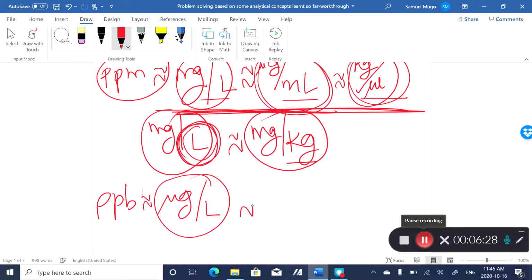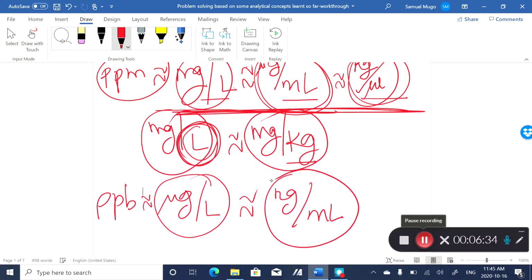Which again can be equivalent to nanogram per mil. That again is talking about parts per billion. And of course you can keep going on and on, picogram per microliter is talking about parts per billion as well. And you can see all I'm doing is multiplying the top by 1,000, bottom by 1,000.